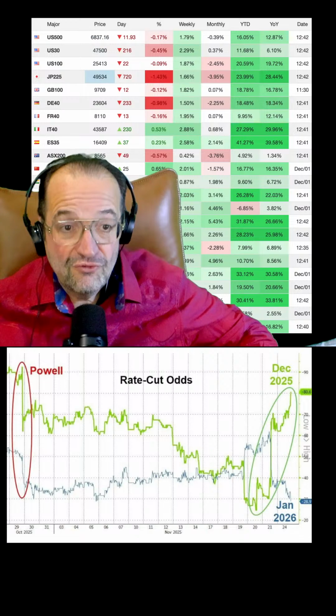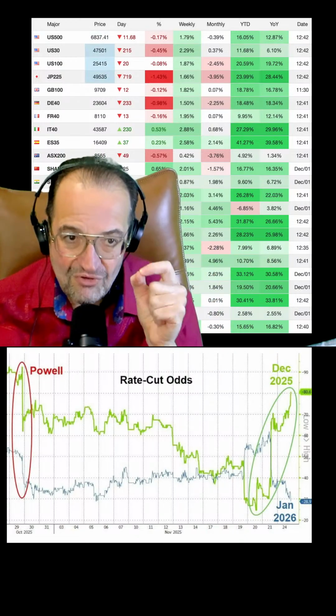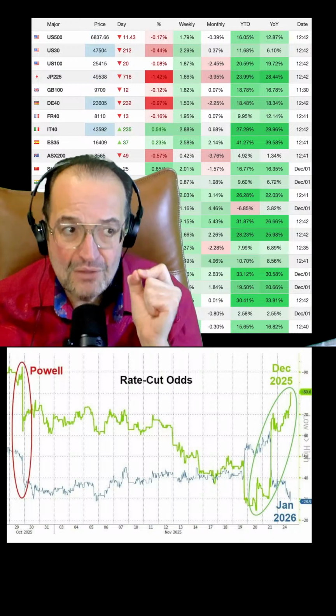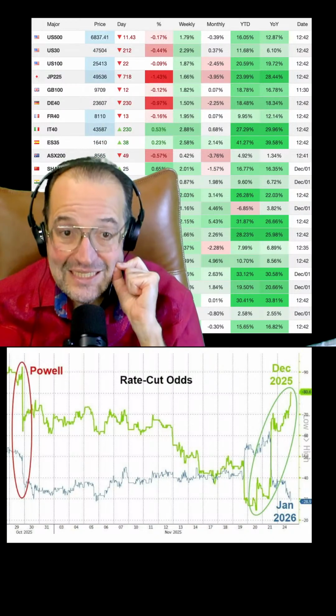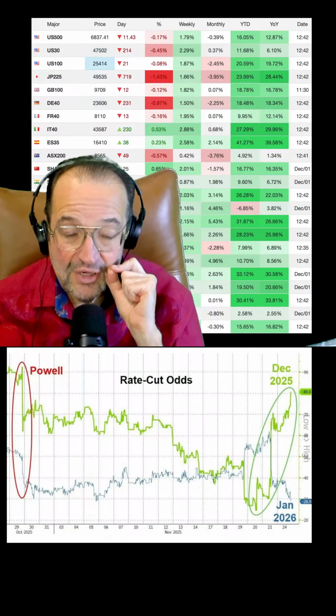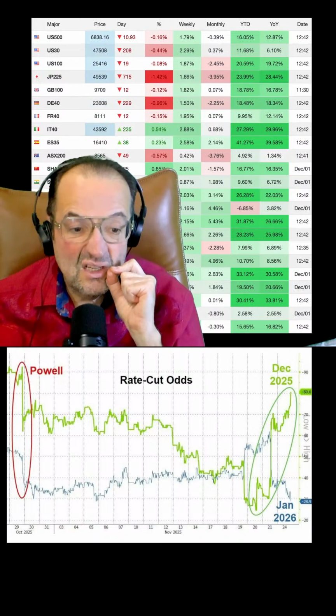So let's break it down. There are two lines on this chart. Be very clear. The green line reflects market implied probabilities of a rate cut by December 2025. First it was nothing is going to happen.